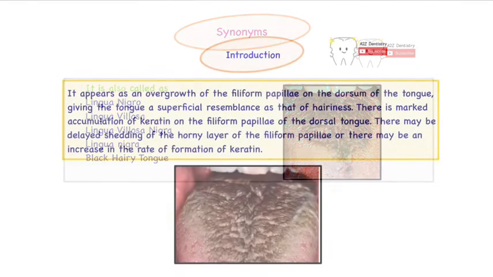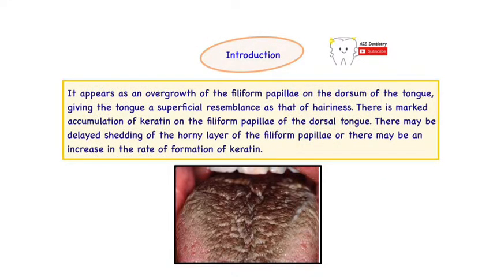So now let's try to get a brief idea of what exactly this term hairy tongue means. Basically this hair is nothing but the overgrowth of the filiform papillae on the dorsum of the tongue. What happens in this condition is that there is an overgrowth or hypertrophy of the filiform papillae which are found on the dorsum of the tongue, right.